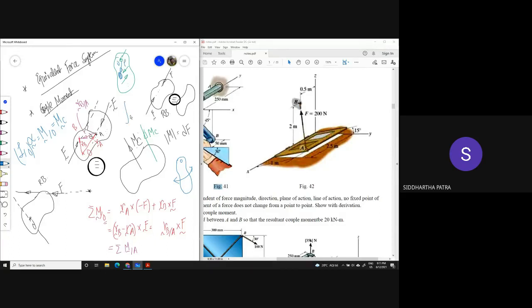So the integration of rho squared times the differential mass is your mass moment of inertia. But that would change depending on which point you choose as the pivot point. So this quantity varies, this quantity doesn't. And the angular acceleration therefore would depend on which point you choose as the pivot point.